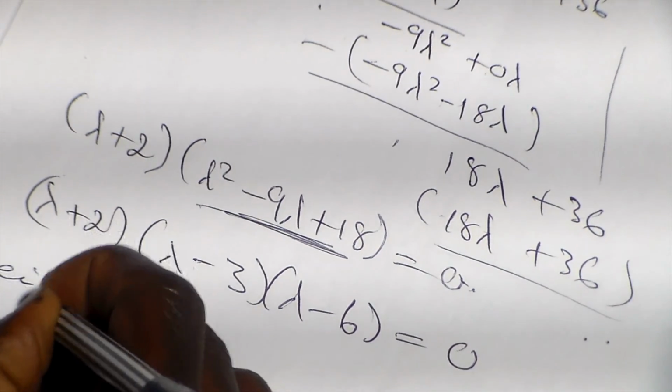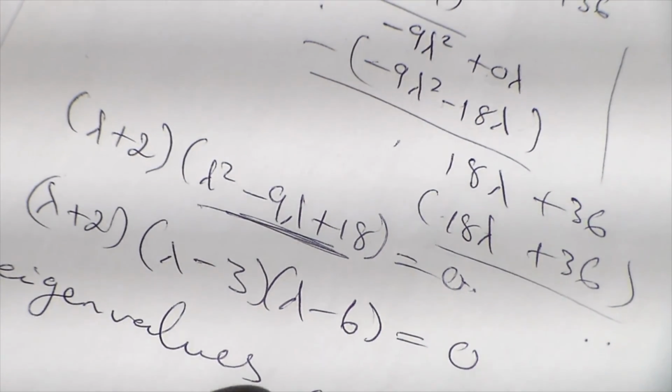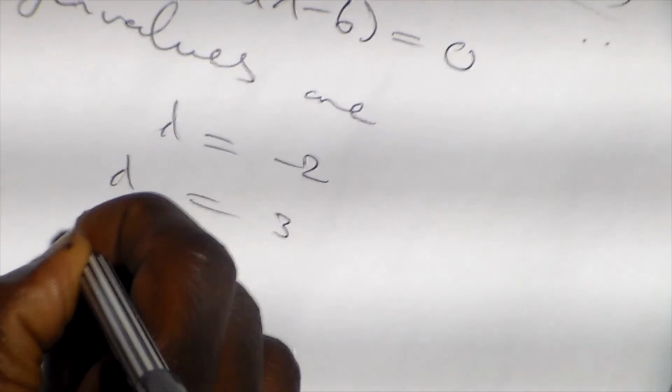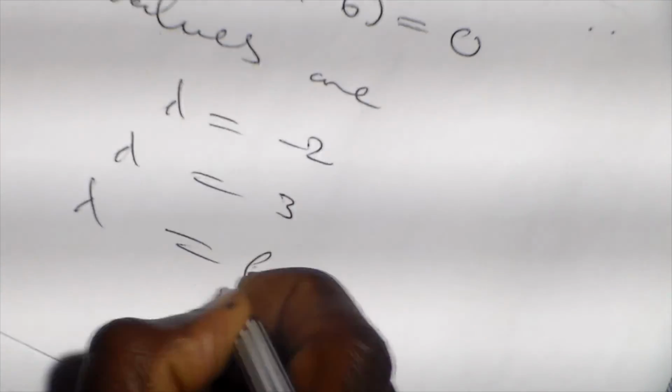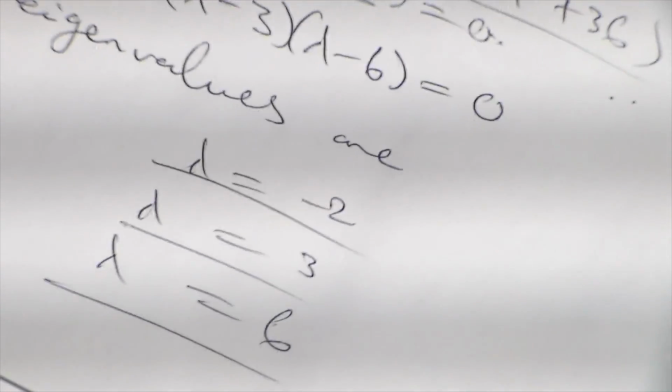So the eigenvalues are lambda is equal to minus 2, lambda is equal to 3, and lambda is equal to 6. These are the eigenvalues of this matrix A.